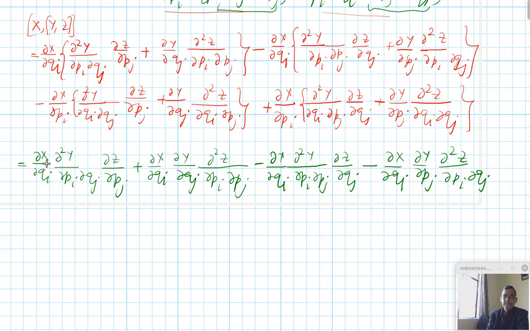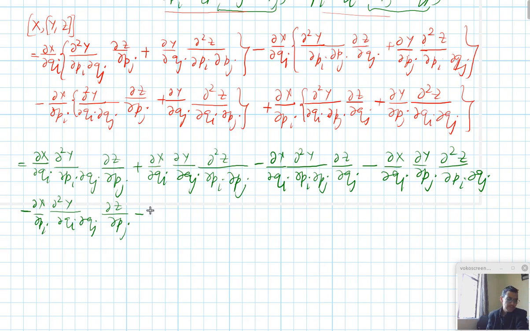Then negative sign will be there, this minus, I will open it up. So now it is ∂x/∂p_i ∂²y/∂q_i∂q_j and ∂z/∂p_j, and with negative sign, minus, yeah, it is negative.